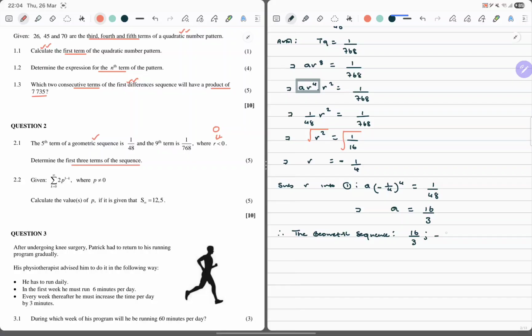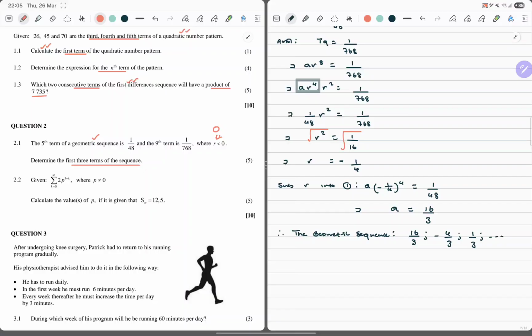It gives us minus 4 over 3. And then the next one, we multiply it again by minus a quarter. We get a third. And it goes on. That's all we needed.